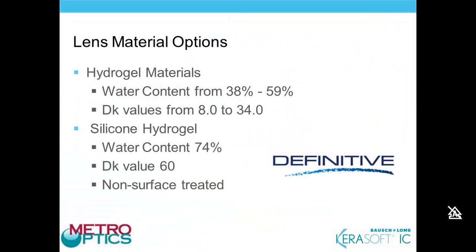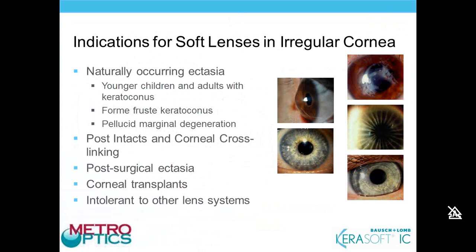Who are the candidates for soft lenses with irregular corneas? Well, typically we think of keratoconus, and we have the whole family of naturally occurring ectasias. We have early onset keratoconus that does quite well with this design.